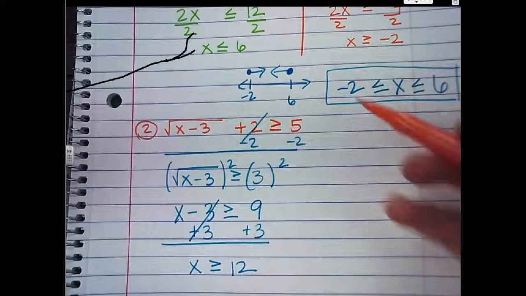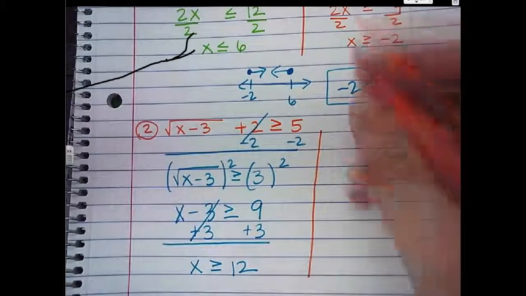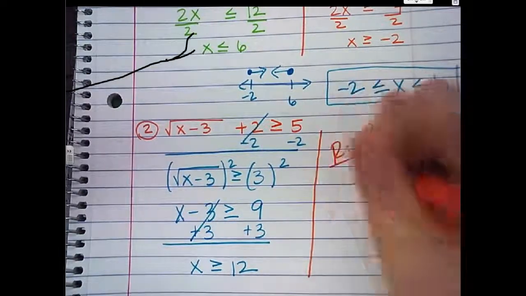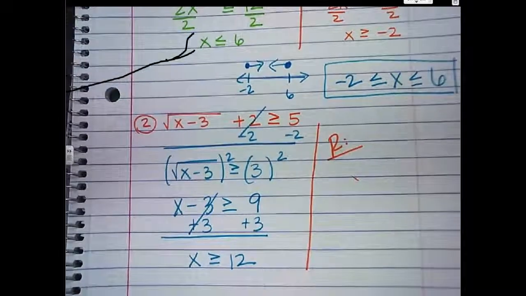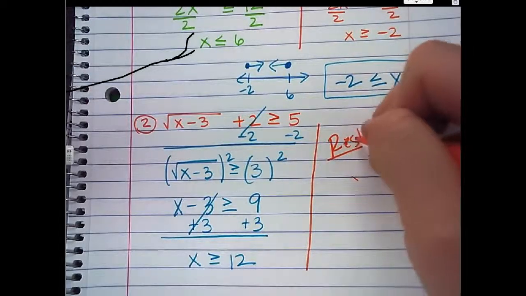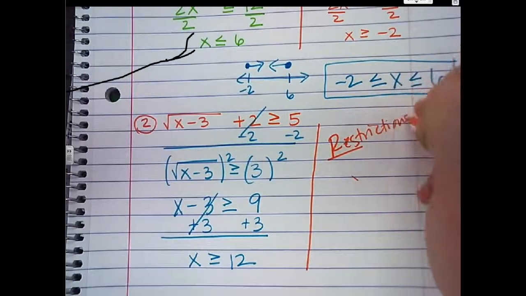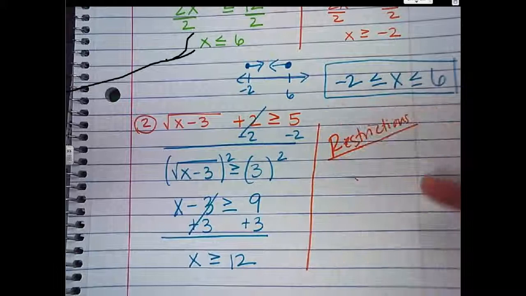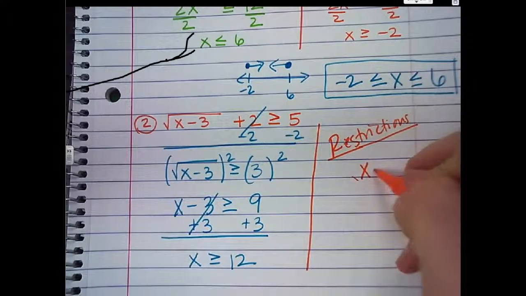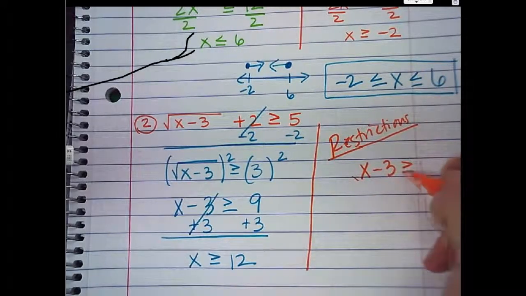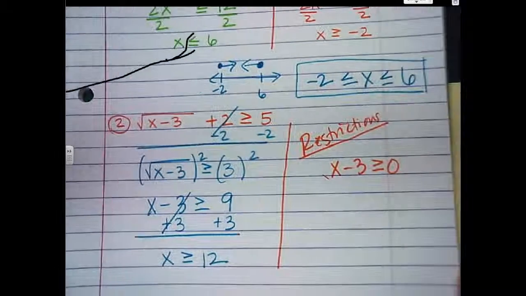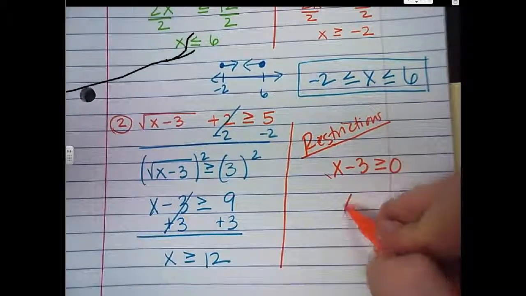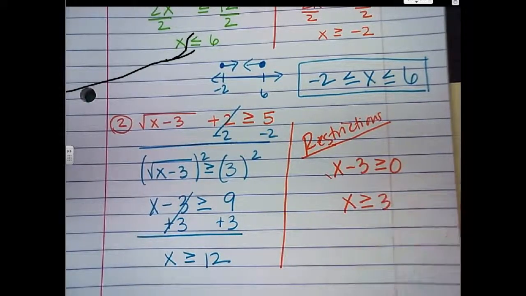So once you do that, then I check for restrictions. So what do I set greater than or equal to 0? Good. X minus 3 greater than or equal to 0. This one's super simple. Add 3. X is greater than or equal to 3.